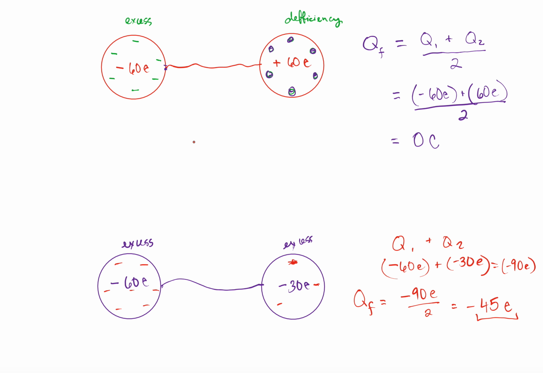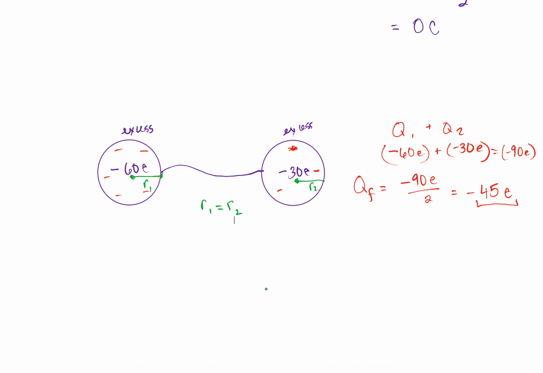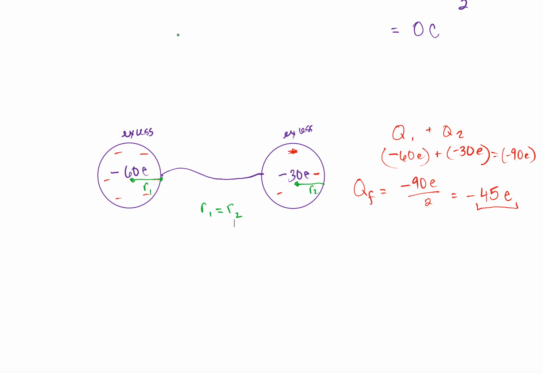Now, so far, what we've been looking at is a scenario where the radius here and the radius here are equal. But this might not always be the case. So what I'm going to leave you with is a challenge. The challenge will be that I have a sphere.